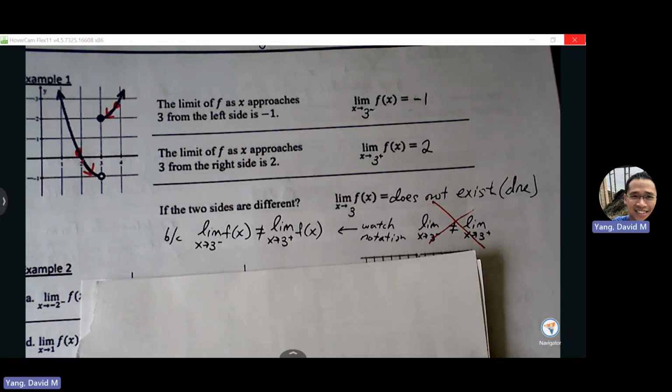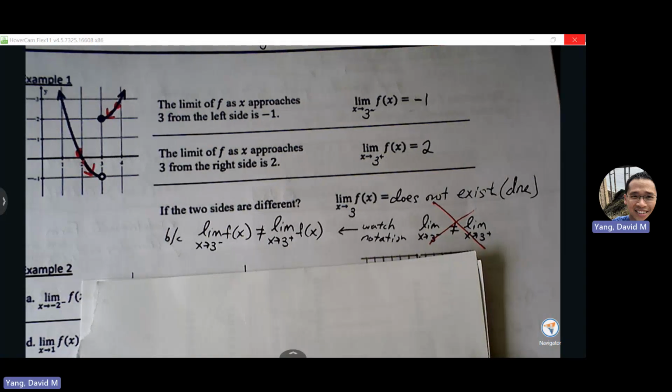Okay, so try example 2. See how far you can get by looking at the graph, and we'll compare our answers.